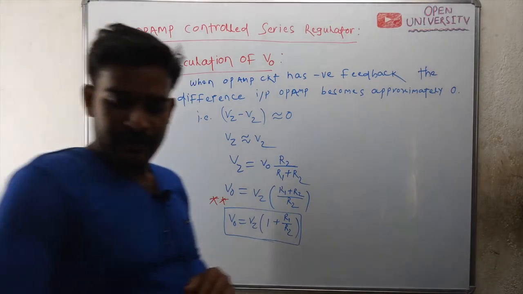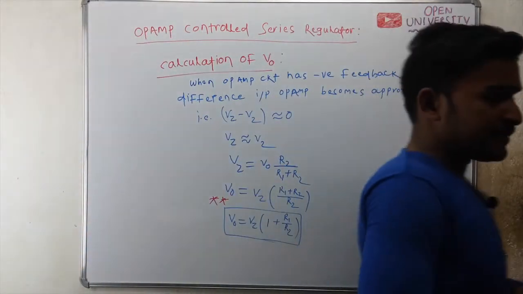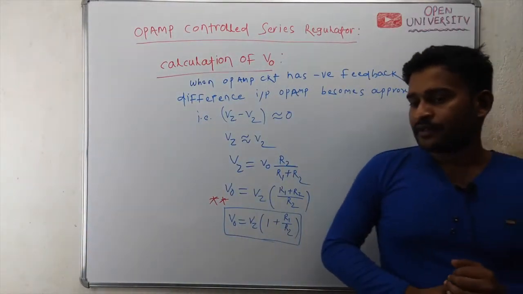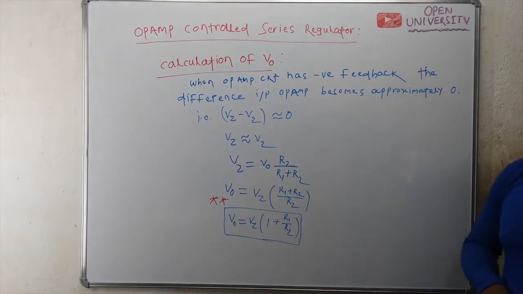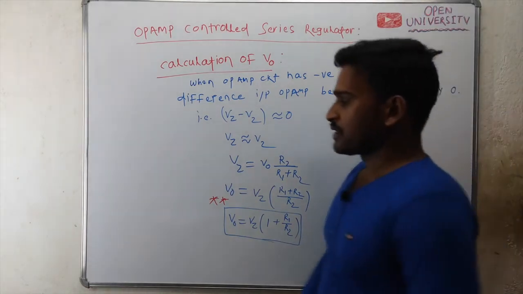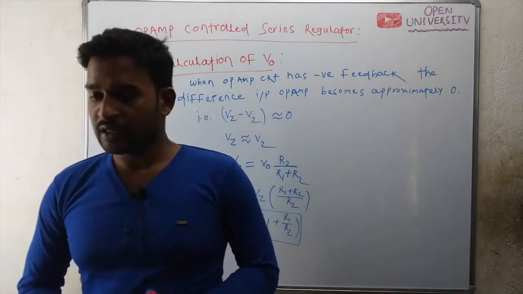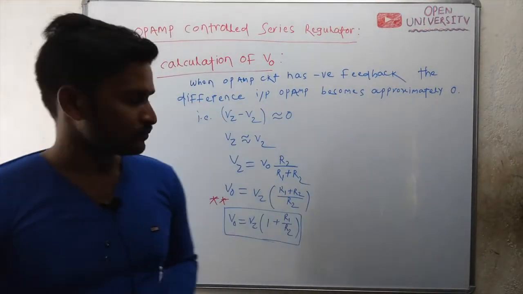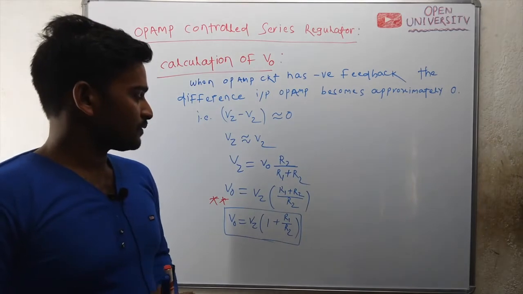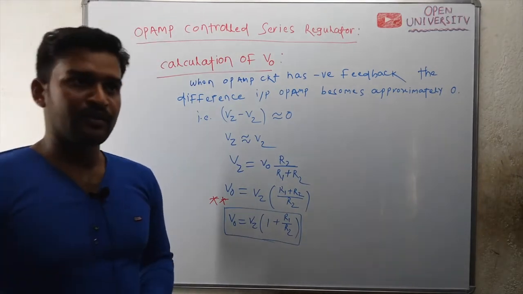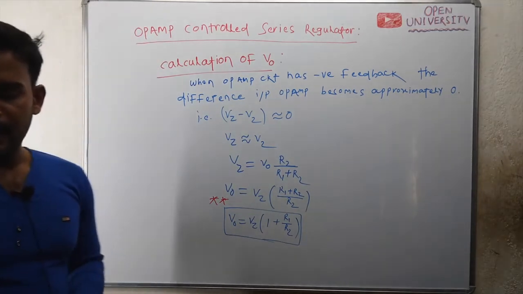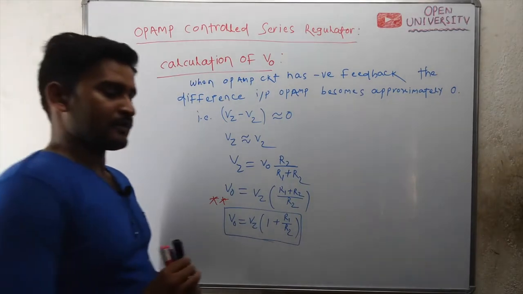Write down this point: if a variable resistor is used in place of R1 or R2, then the output voltage can be varied.